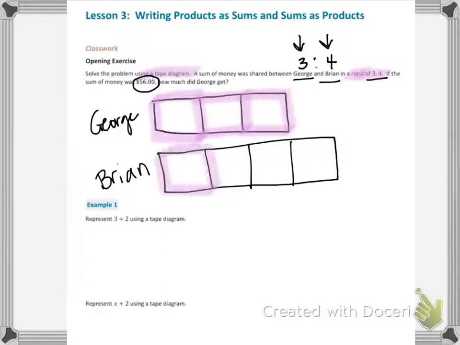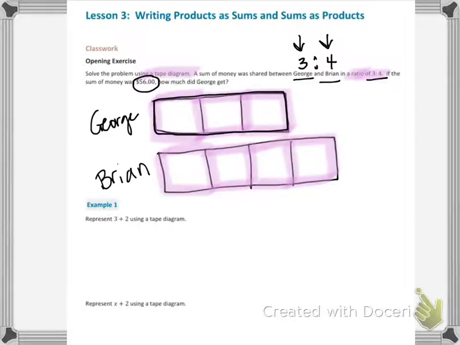Each is a separate block, and we can see, of course, that Brian is getting more of this money. Actually, he's getting 4/7, and George is getting 3/7. But we'll look at that some other time. The tape diagram shows you that George is going to get less money than Brian. So we set it up that way.